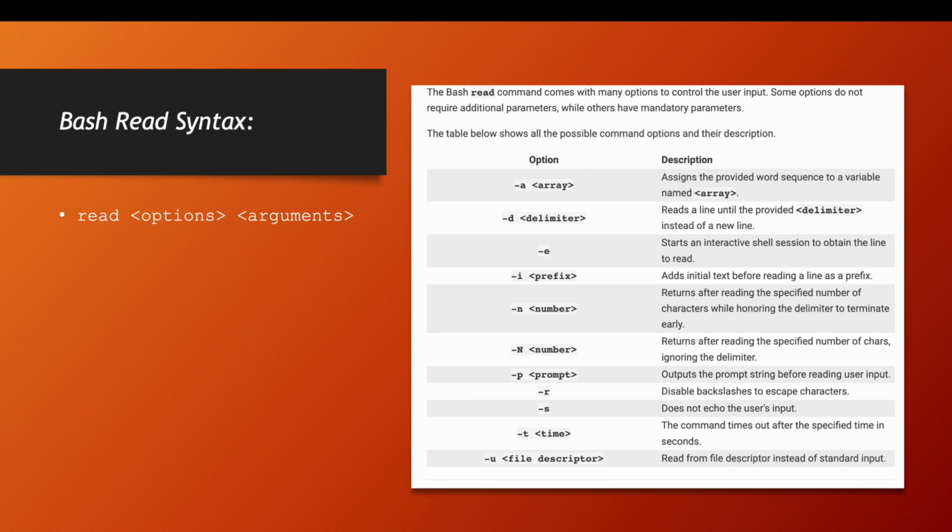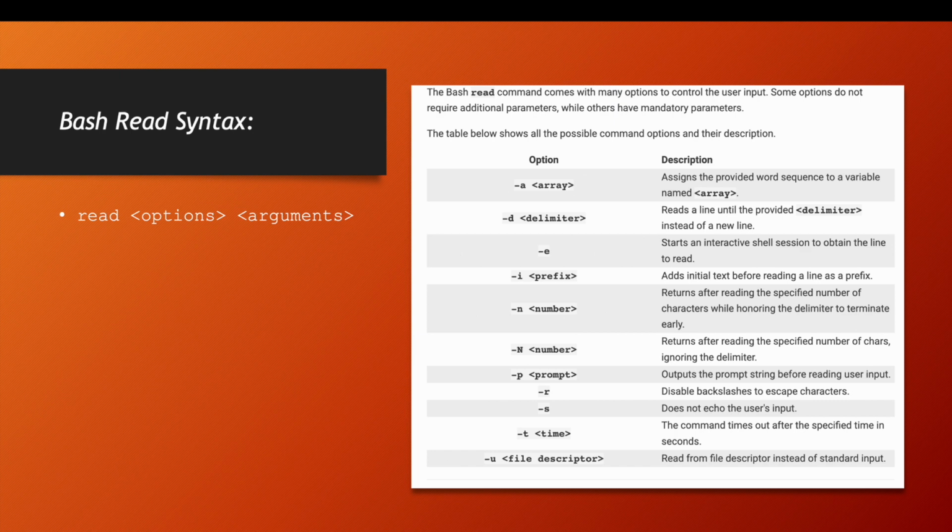If you want to start the interactive shell, then the -e option is perfect for it. Now, if you want to add initial text before reading a line as a prefix, then use the -i option.